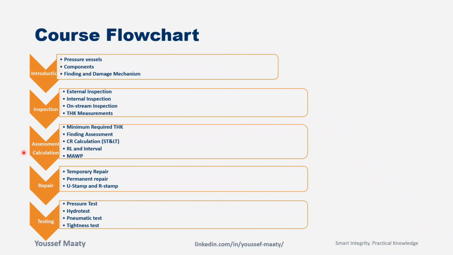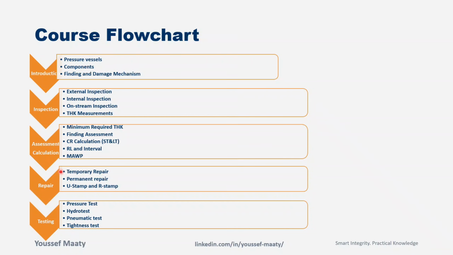The third section focuses on assessment and calculations. We will calculate minimum required thickness, evaluate findings, and calculate corrosion rates. Both short-term and long-term corrosion rates will be covered. Then, we will calculate remaining life and inspection intervals. We will also discuss MAWP calculations. The fourth section focuses on repairs.